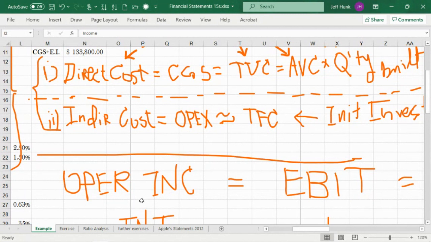These things are fixed in the sense that they don't change with the output level, regardless of whether the production level goes up or goes down.